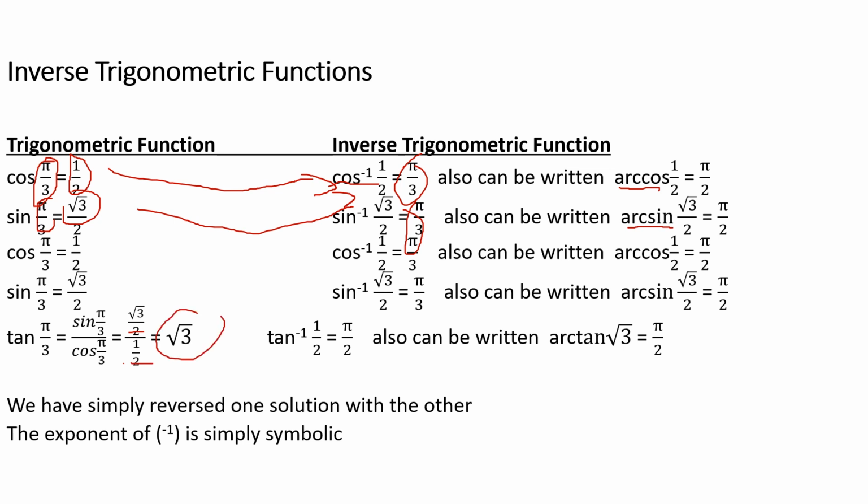So the tangent of pi over 3 is square root of 3. Sorry about that. It can be written as arctan right here. Arctan of square root of 3 is pi over 3. All we're doing is reversing the x and y axes here.